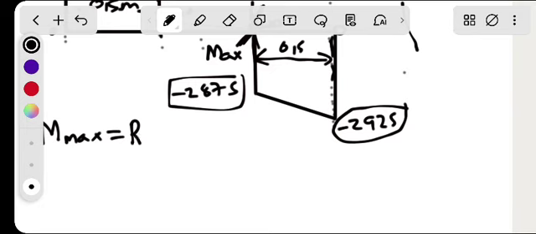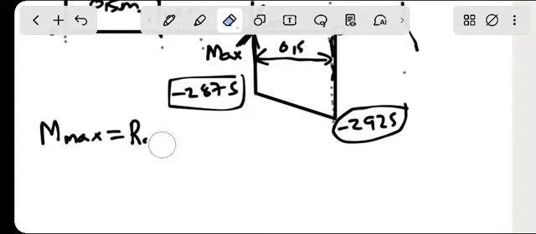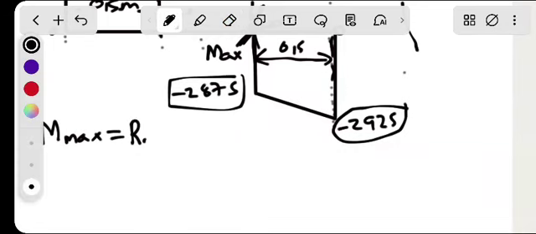Maybe I can call this reaction A, multiplied by the length. You can call this reaction 1 or reaction 2, it is up to you, but for the closest one, the formula will be the reaction multiplied by A, where A is a length, minus the weight multiplied by A, the length, multiplied by A divided by 2.